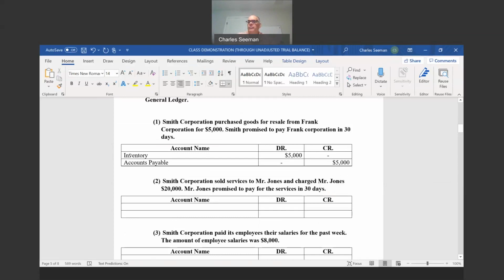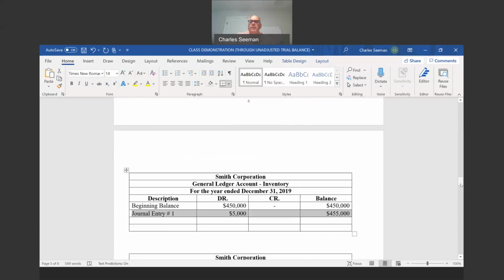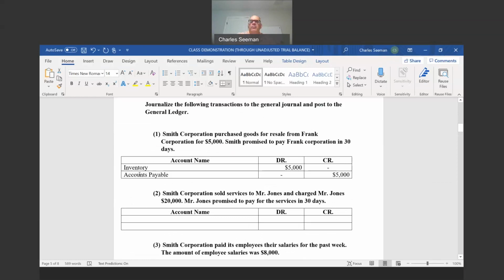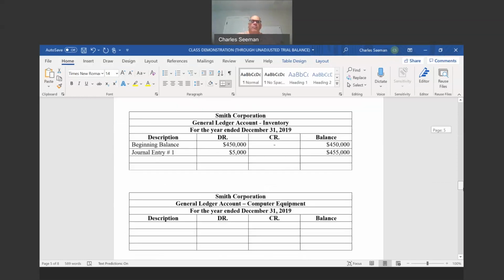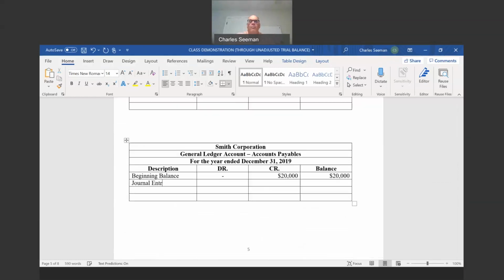The other side of the entry is the credit. Accounts payable. Payable is a liability. I increase the liability by credit. So I go to the liability account. Do the same thing that the journal entry did. And post $1,000 in it.